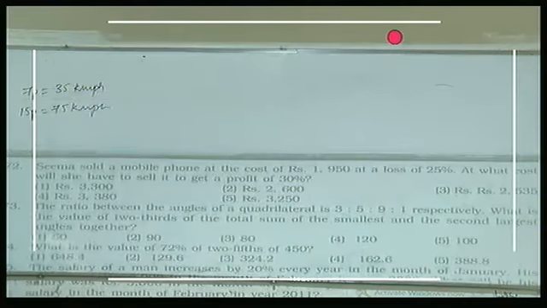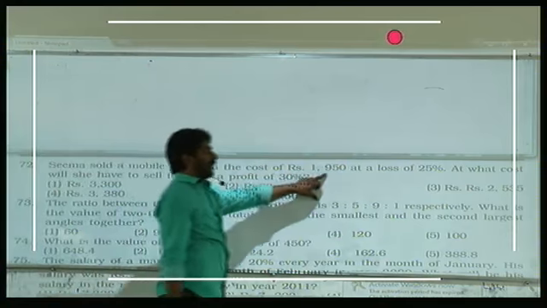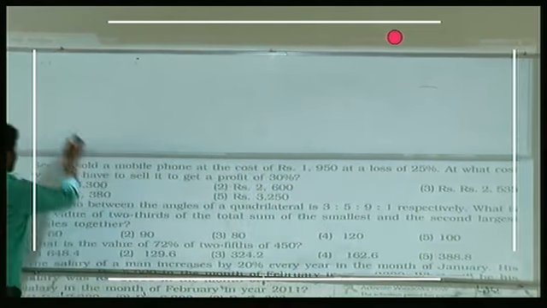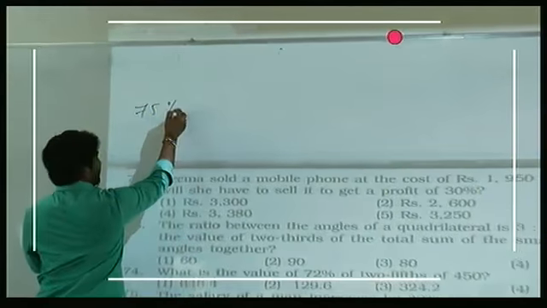Seema sold a mobile phone at the cost of 1950 at a loss of 25%. At what cost will she have to sell it to get a profit of 30%? 30% profit, right? Cost price is 100%. By selling it for 1950, there is a loss of 25%. 25% loss conversion is equal to 75%, which is equal to 1950.